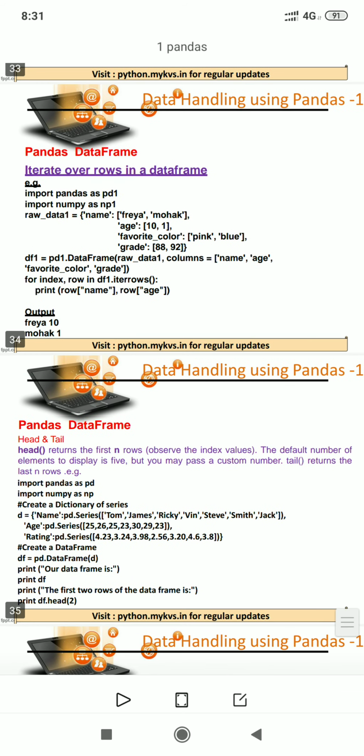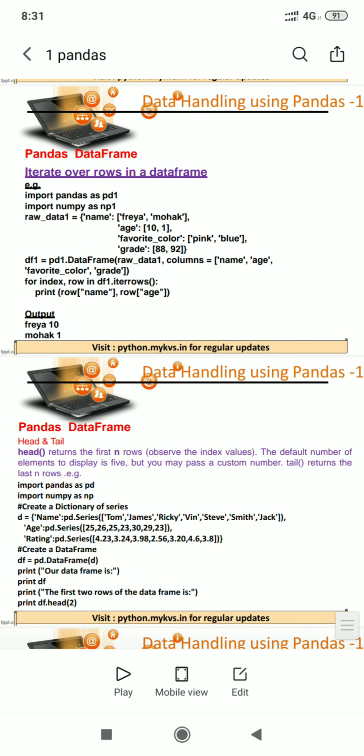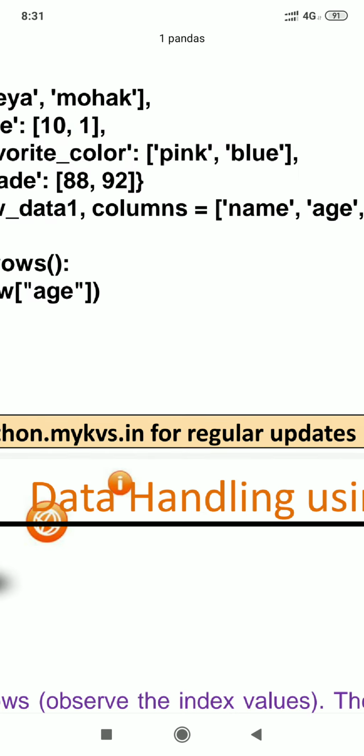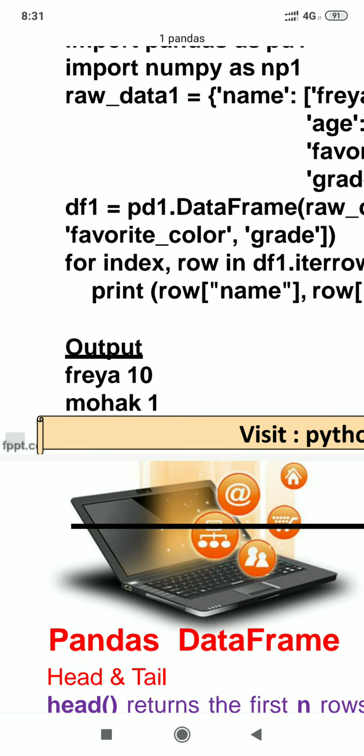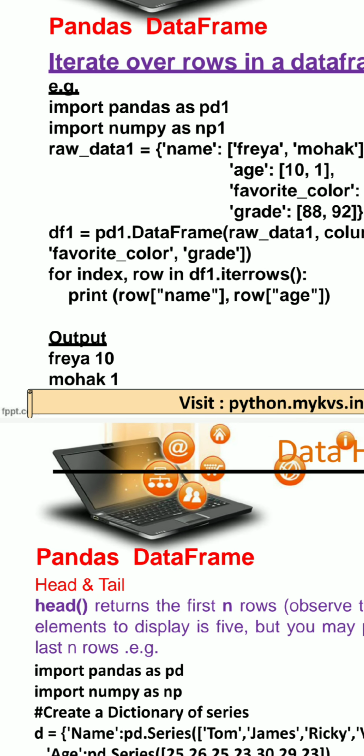Here again I repeat our previous topic, how to iterate over the rows. Here you are finding index comma row in df1.iterrows. It will return rows one by one and their index position.